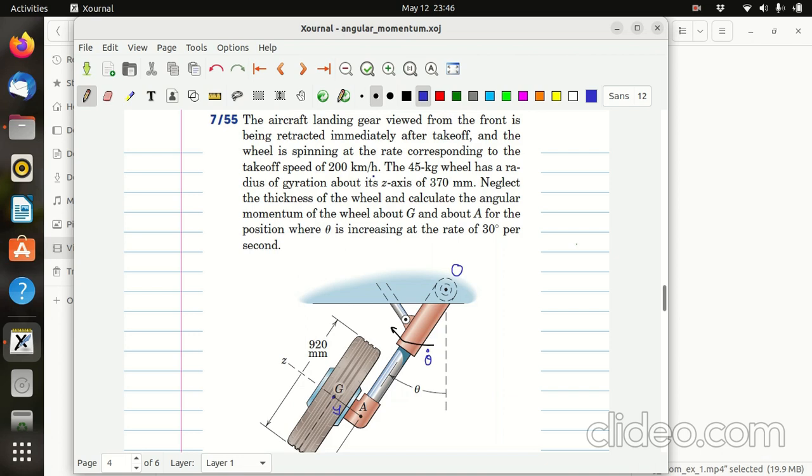So this instant shown is just after takeoff, and the wheel spin speed corresponds to this 200 km per hour takeoff speed.